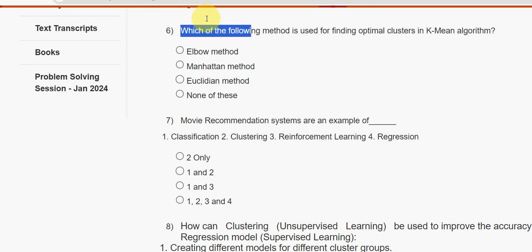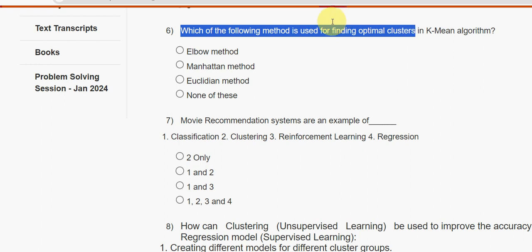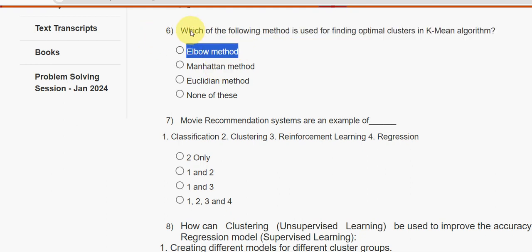Sixth one. Which of the following methods is used for finding optimal clusters in the k-means algorithm? For the sixth question, it is the first option, elbow method. Elbow method. Next, seventh one.